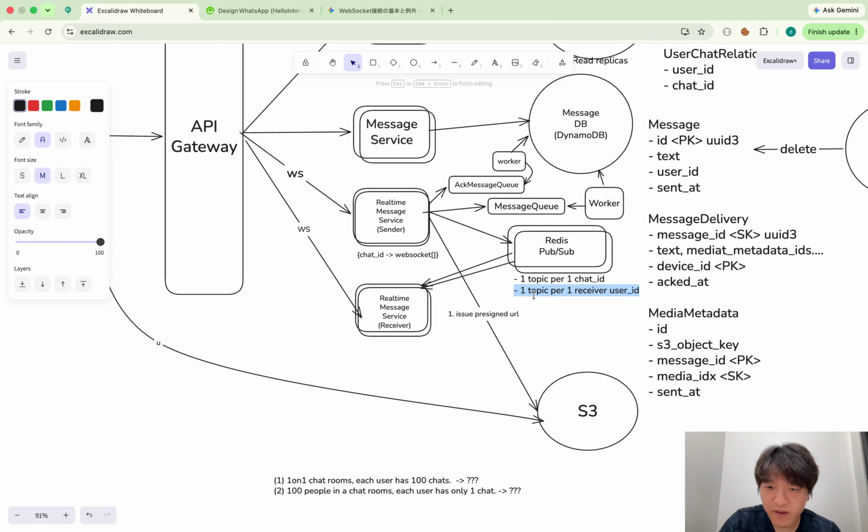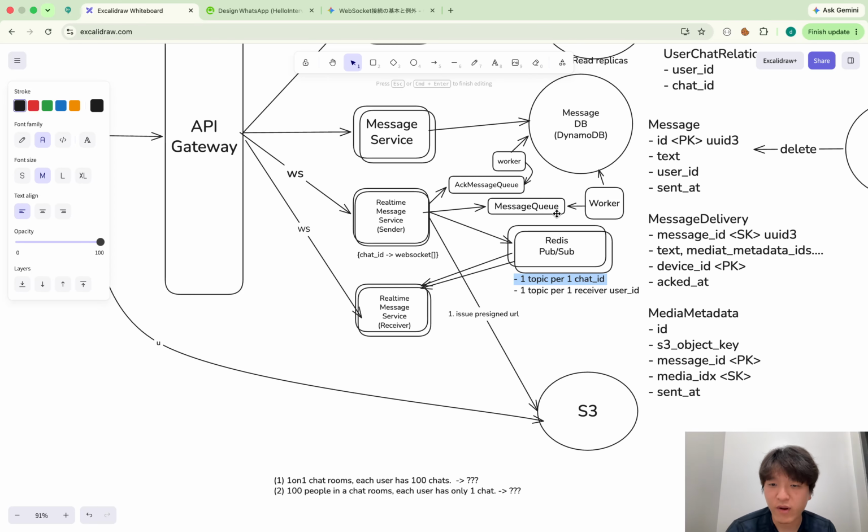So when I compare these two options, both of them are the same. Sender sends to one specific topic. A message in the topic is published to one specific server. But the difference is the number of topics in Redis Pub/Sub. In the first case, the number of topics is the number of chat rooms, which is 100 times more than the number of users.